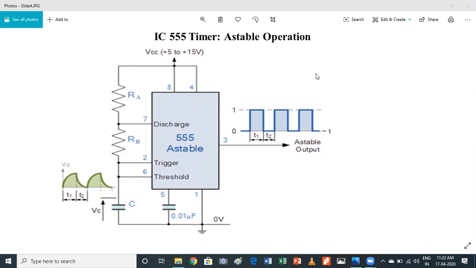Here there is no need for any trigger input. It is a re-trigger circuit, so it triggers the circuit automatically.